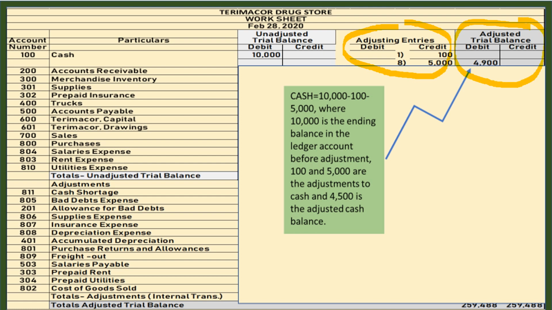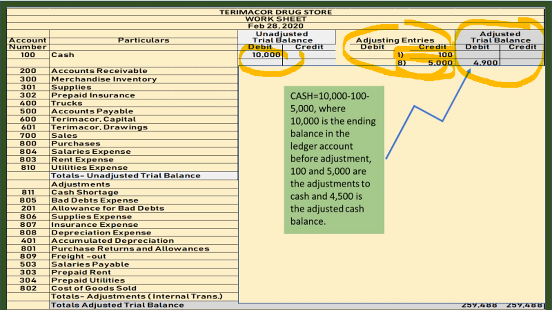So let's take a look at the balance of the cash before adjustment. We have 10,000, but there were adjusting items, which are the cash shortage and the unrecorded drawing of the owner of the business.